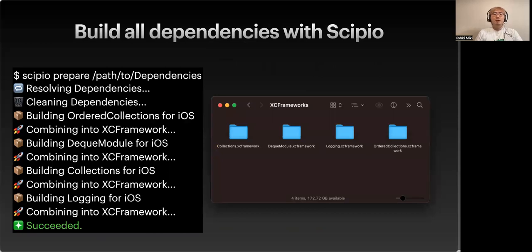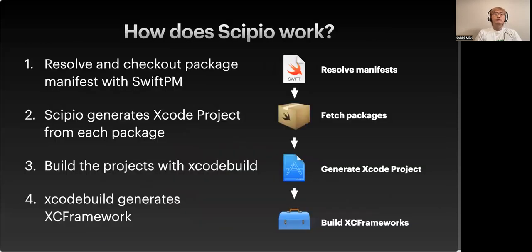Execute Scipio for this package. Then it will generate XCFrameworks for all dependencies. Even if a dependency depends on other packages, it is handled recursively. How does it work?